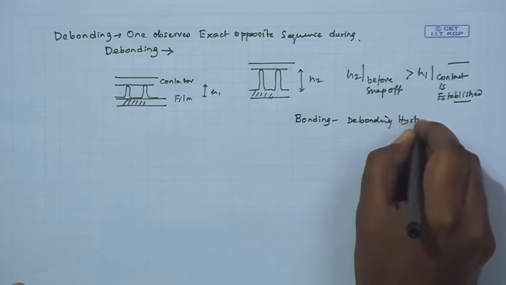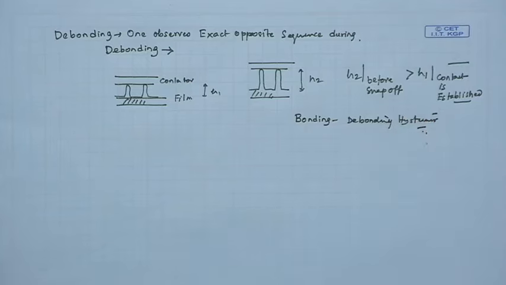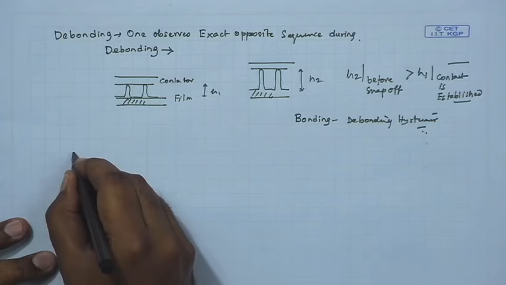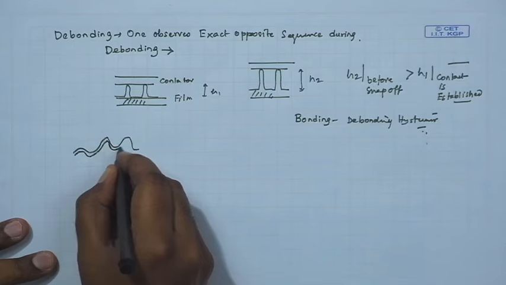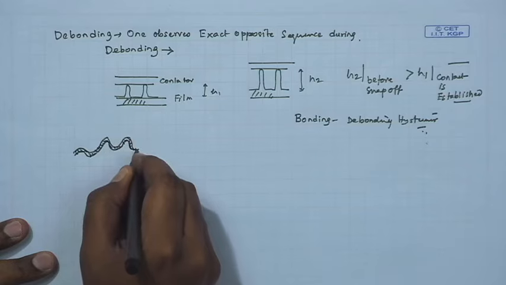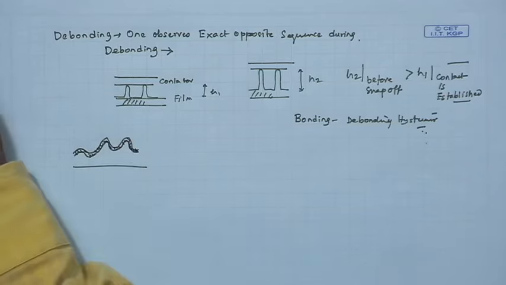Anyway, if one wants to use this technique as some sort of a patterning technique, the first necessary condition is to somehow freeze the structures, and there one can take help of a bit of chemistry, because this is PDMS, polydimethyl siloxane. So, it contains the Si-O-Si backbone. It turns out that if UV light is shined on this particular film, a thin layer of oxides of silicon forms over the film surface, and that is stiff enough that it prevents the relaxation of the film, and therefore, you can make the patterns permanent.